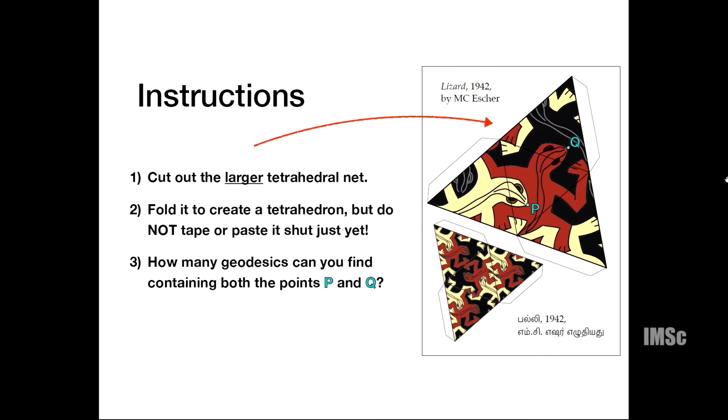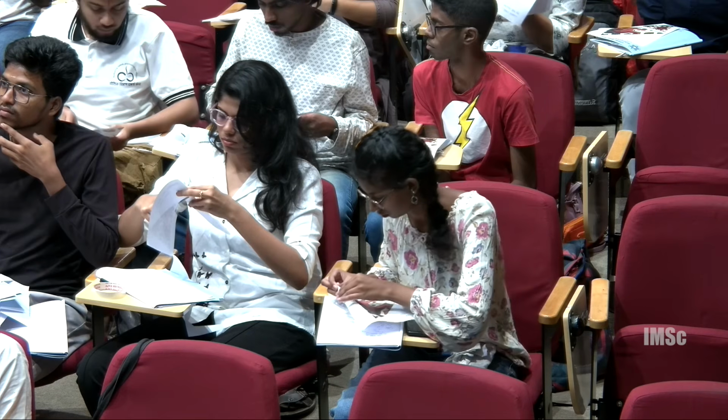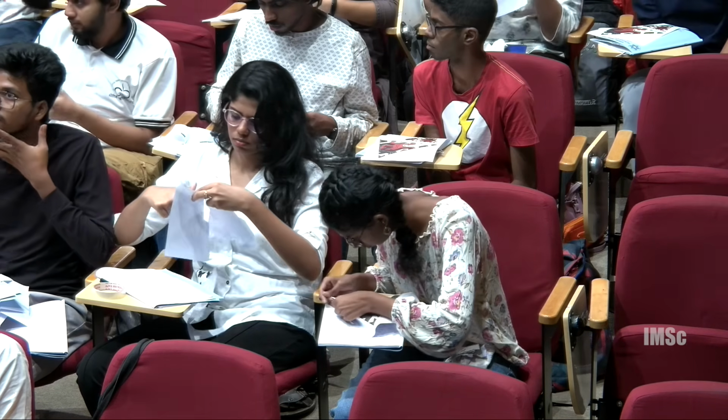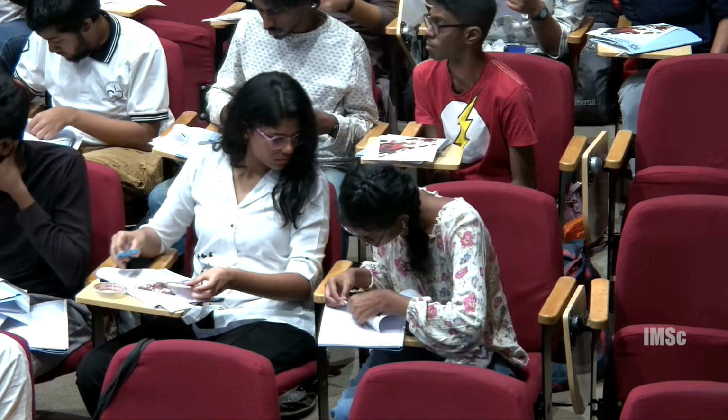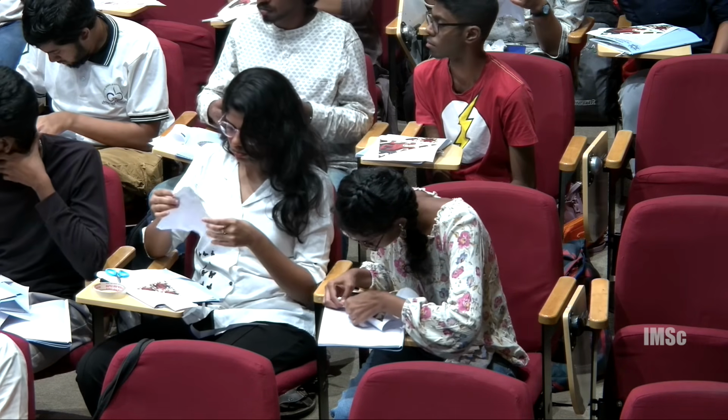If anybody needs a sheet, raise your hand. Keep the flaps. Don't lose the flaps. If you cut it out by accident, it's okay. It's not a big deal, but try and keep the flaps.